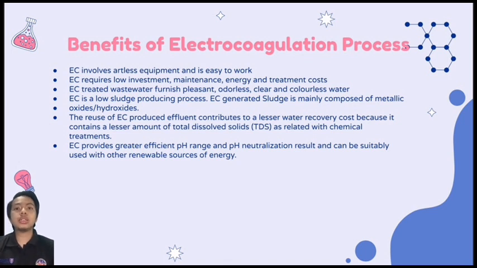EC also treats the wastewater to furnish pleasant, odorless, clear and colorless water. EC is also a low sludge producing process. EC generated sludge is mainly composed of metallic oxide or hydroxide. The reuse of EC produced effluent contributes to a lesser water recovery cost.